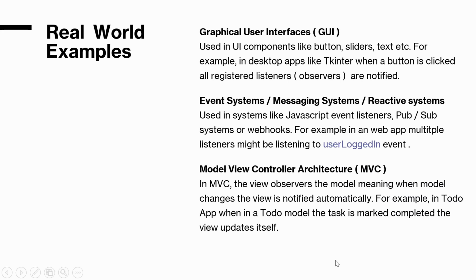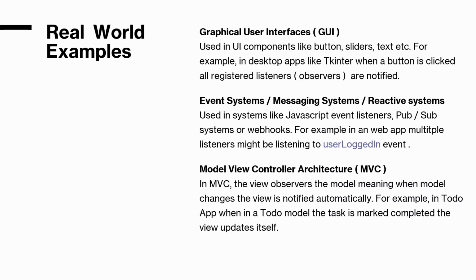Also, you can see this observer design pattern getting used in event systems, messaging systems, reactive systems, in the JavaScript event listeners like on click, on hover, etc. And then pub sub systems. It is also getting used in web hooks. Web hooks execute some logic on the cloud, on the internet, based upon some event occurring.